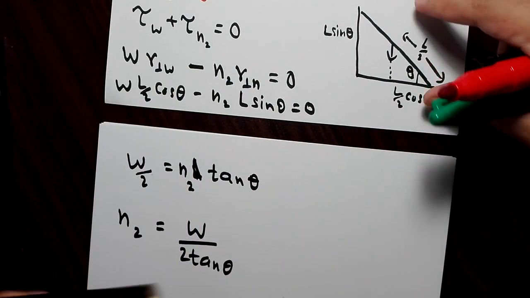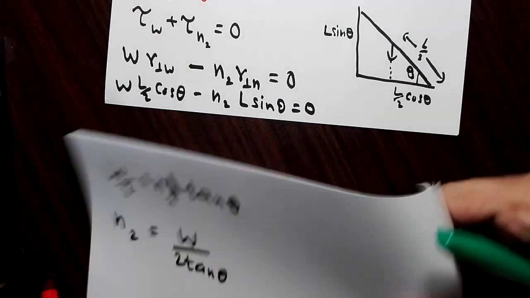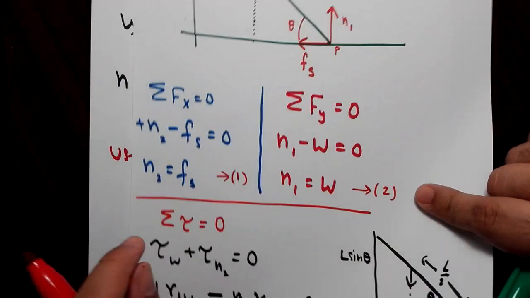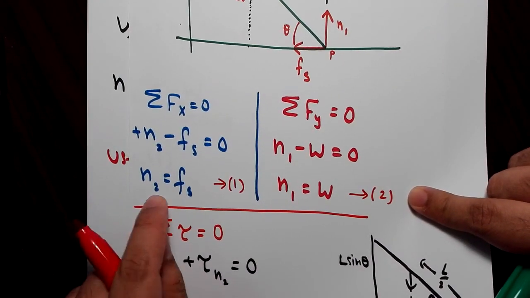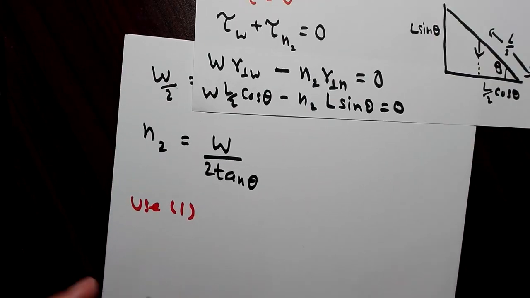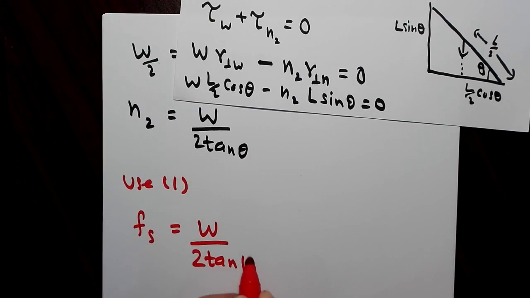Now you can use equation 1, which is the equation for N2. So N2 is equal to the static frictional force Fs, which is W divided by 2 tangent theta.